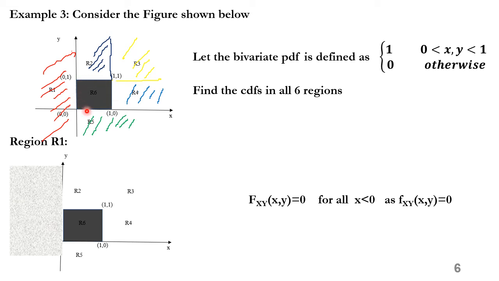So this is what they have considered: for all values of y less than 1 and all x values greater than 0, this value is going to be 1. We need to find the CDF in all the 6 regions. We consider the first region, region 1. In region 1, you can see that the CDF is not defined for values of x less than 0. So therefore, you can see that fxy is 0, so the CDF is also 0.